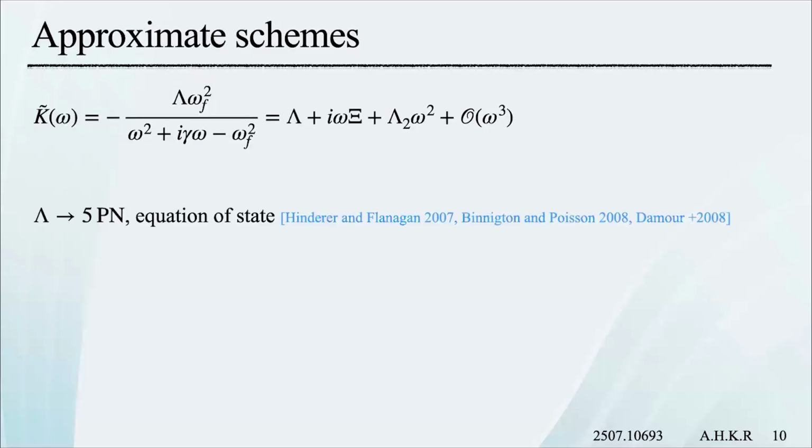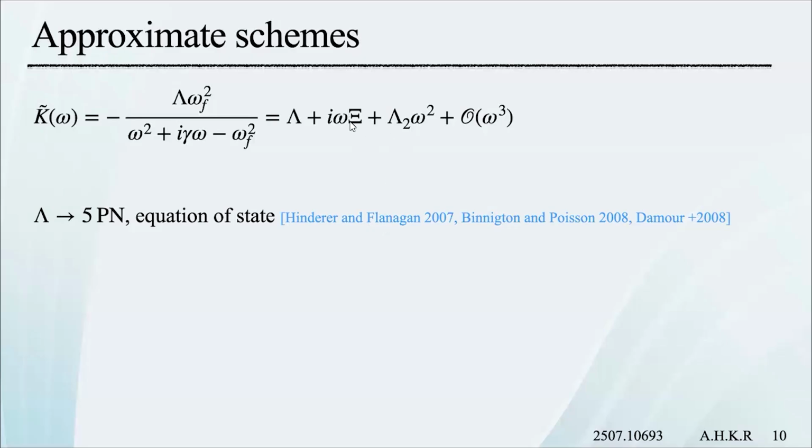The tidal deformability enters the equation of motion at 5 PN order and also the gravitational wave phase at 5 PN order. PN is post-Newtonian. And all the equation of state constraints I presented in the first few slides are because of the modeling of lambda in the gravitational wave phase by these famous works now.